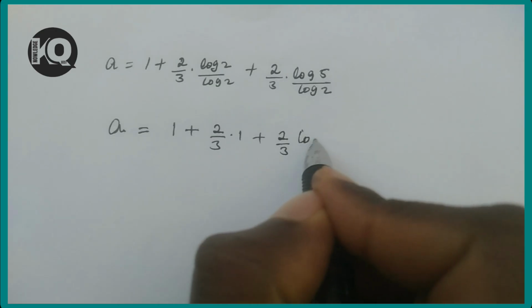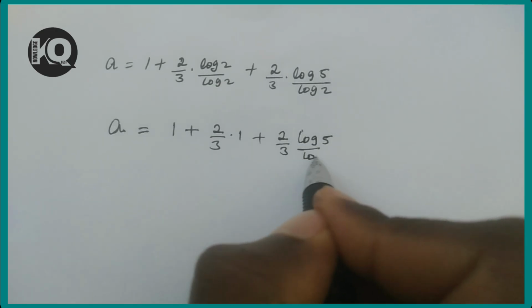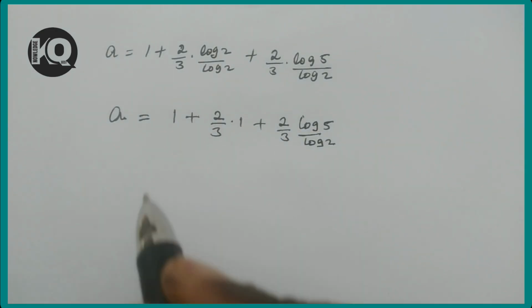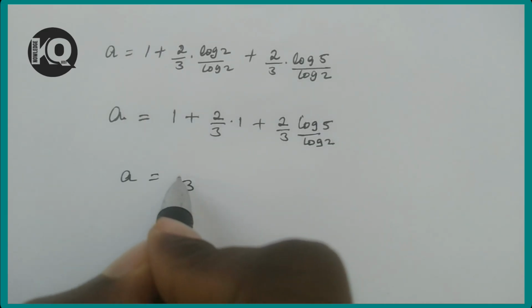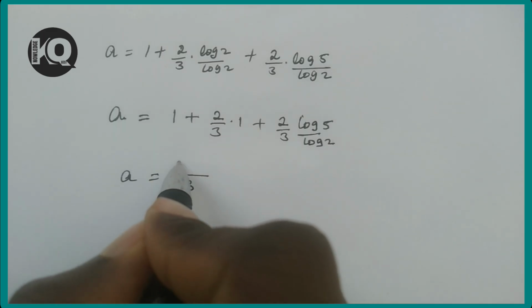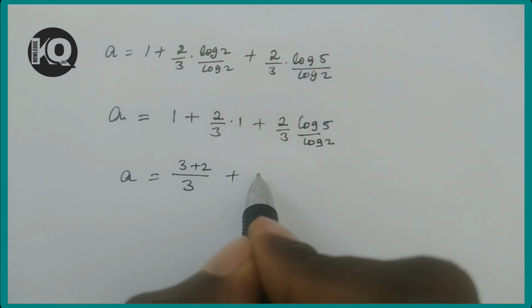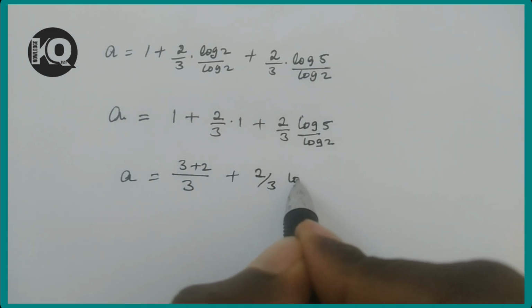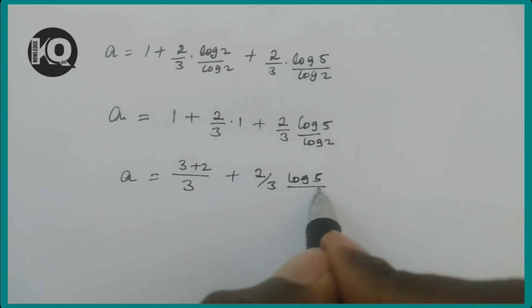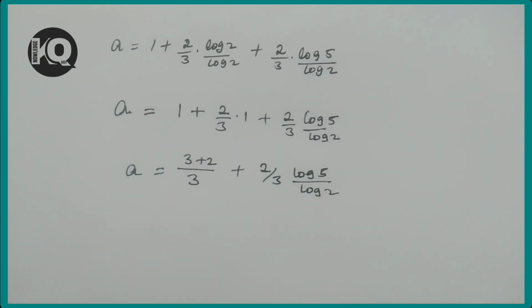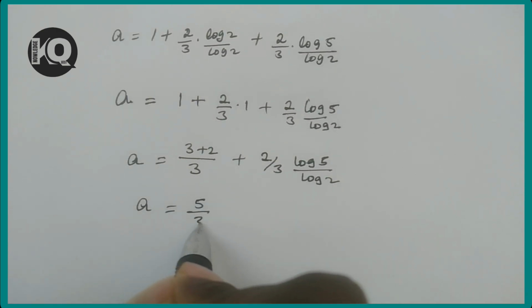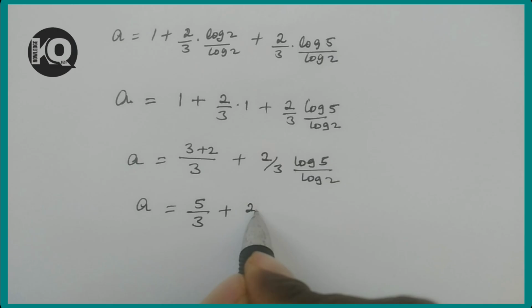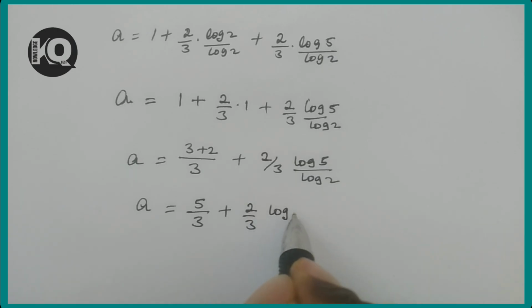Now a is equal to 5 over 3 plus 2 over 3 times log of 5 divided by log of 2.